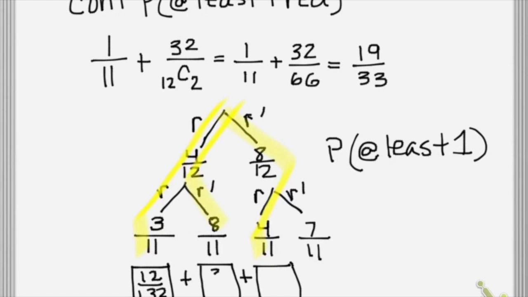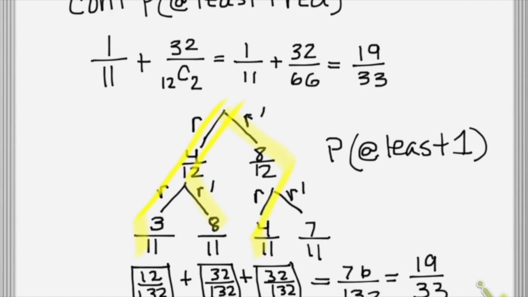This is going to be 32 over 132. And this is going to be 32 over 132. All right, and then I want the sum of all of those. So that's 76 out of 132. And that does in fact simplify to 19 over 33. So you see that was an alternative way of doing that problem.